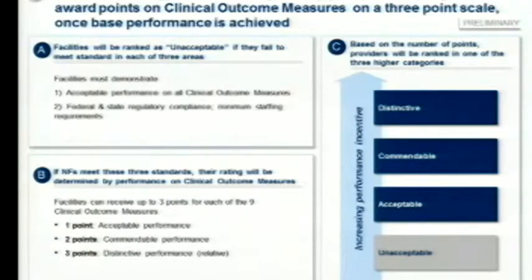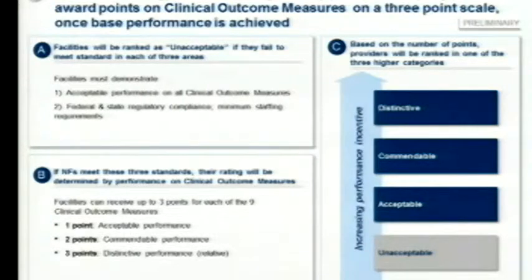One possibility for distinguishing between acceptable and commendable, 1 point versus 2 points, and then when they're added up, one level of incentive versus another, is to choose another absolute level.